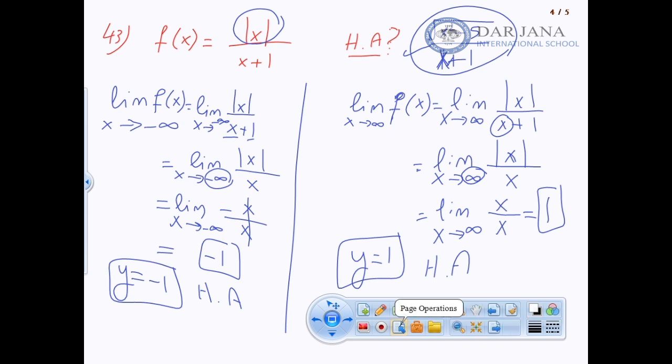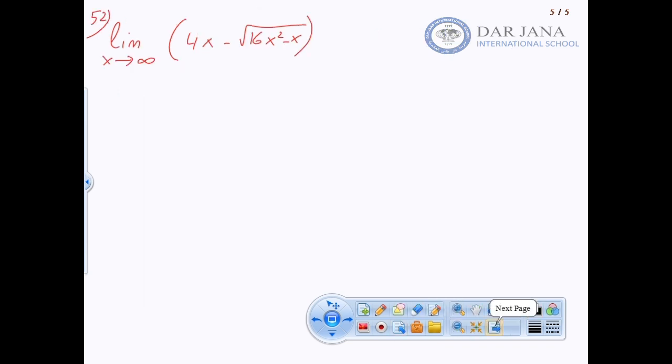Now the last part of the lesson, which is the last exercise. In this case we don't have a rational function. We have a function containing a polynomial plus radical or minus radical. If we substitute directly, 4 times infinity is infinity, minus radical, which is always positive, so infinity.